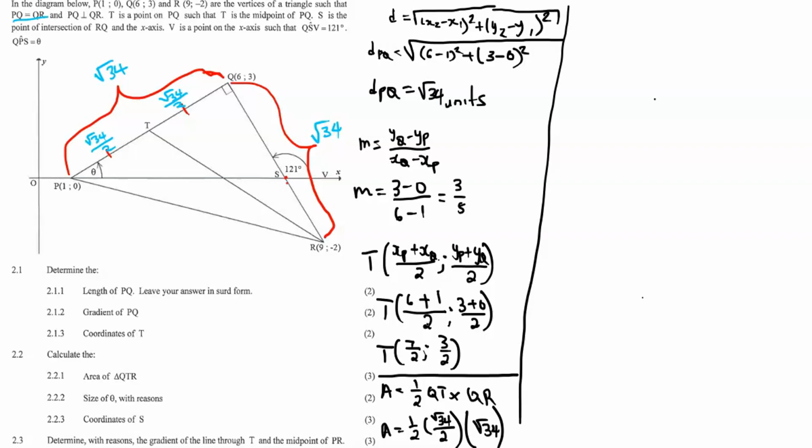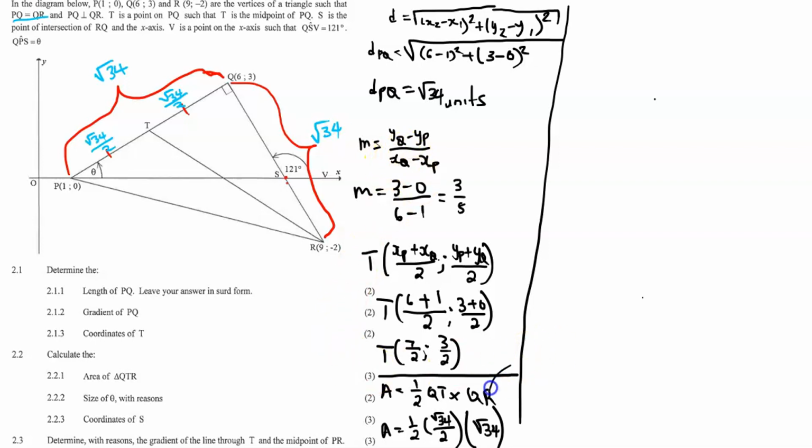I believe this will give us 34. So let me just punch that on your calculator real quick. So that's half times root 34 over 2 times root 34, and yes, it does give us 17 over 2.